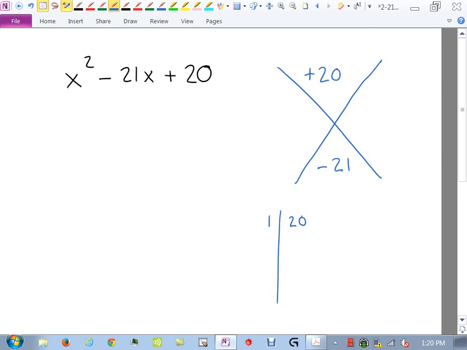Make them both negative. Negative 1 and negative 20. And a negative times a negative would give me positive, which is what I need. Negative and negative here add up to be negative 21. So that appears to work. X minus 1, x minus 20.